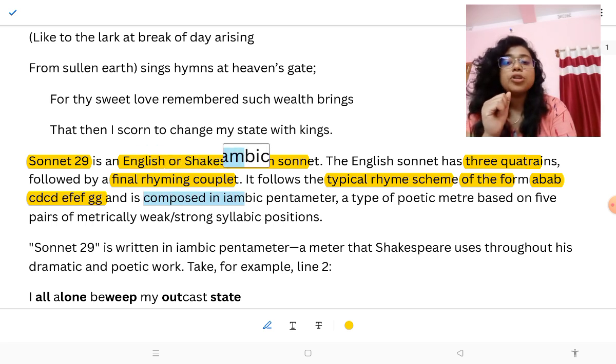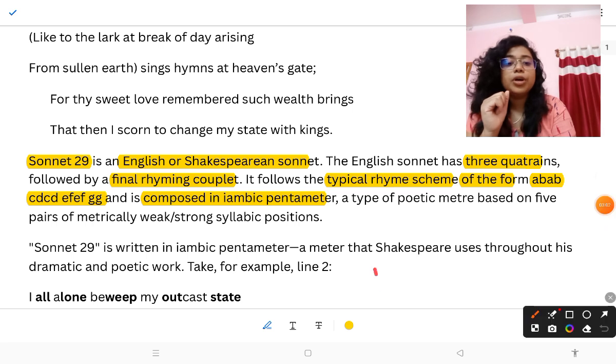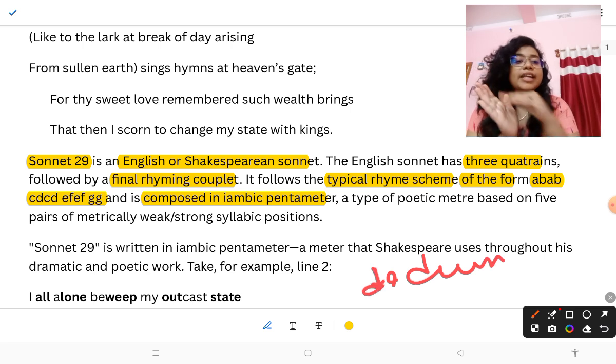It is composed in iambic pentameter, and iambic pentameter means unstressed stress. Unstressed stress means da-dum. Let me show you the da-dum form. Sorry for my handwriting. Da-dum means unstressed stress.